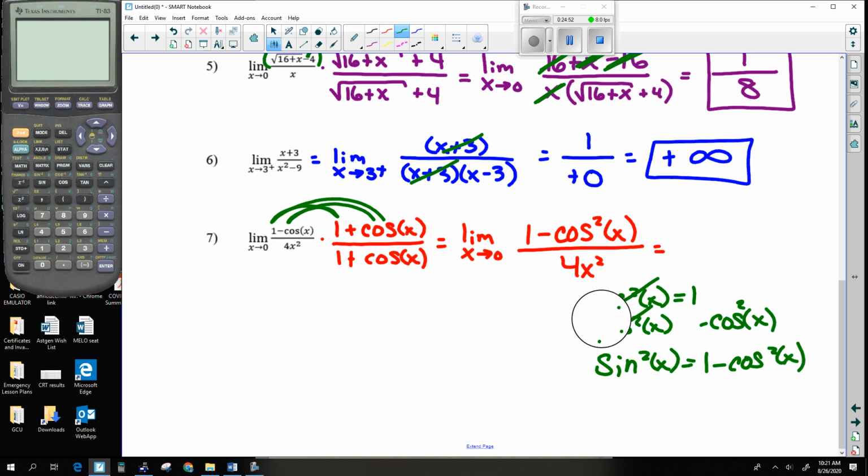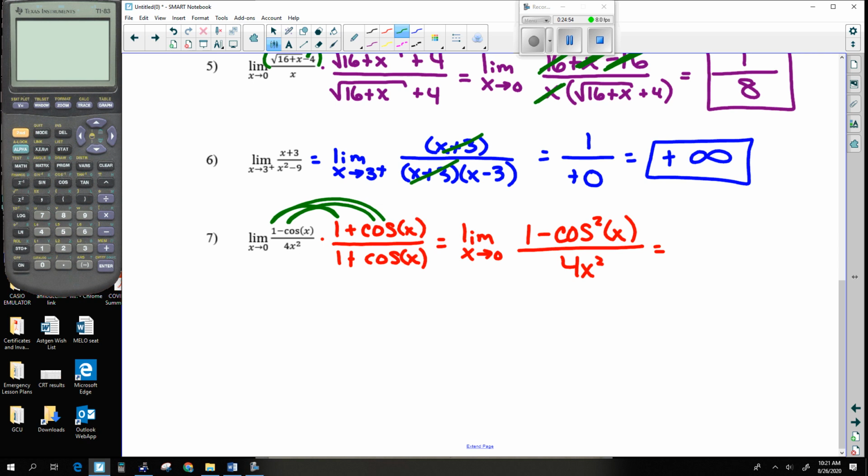So this is the limit as x goes to 0 of sine squared over 4x squared. All right, so there's one more leap right there.